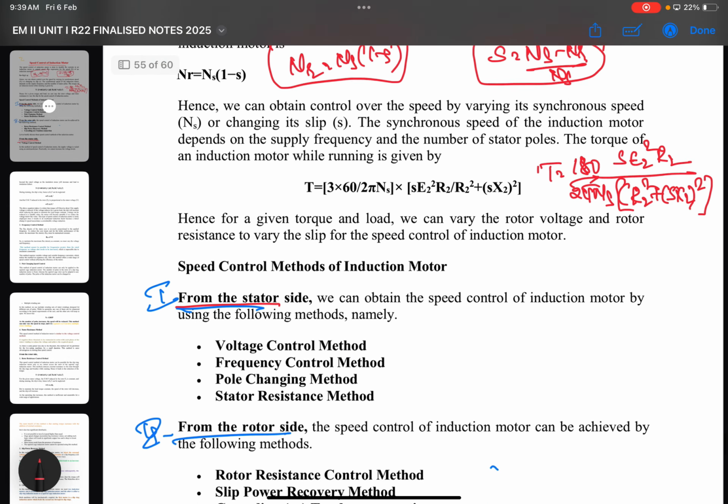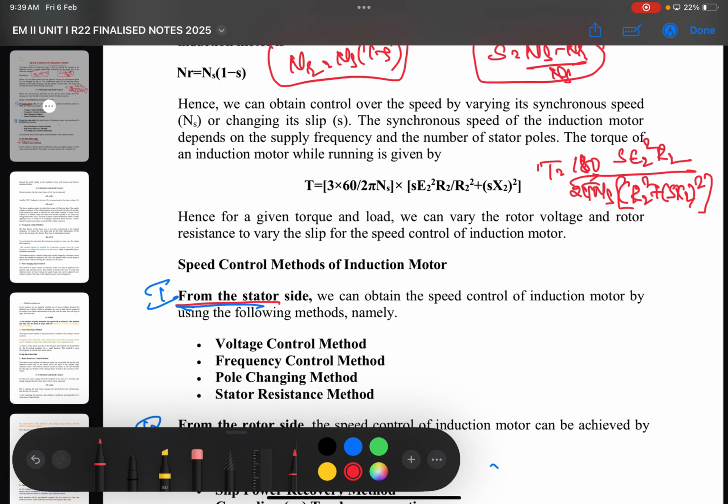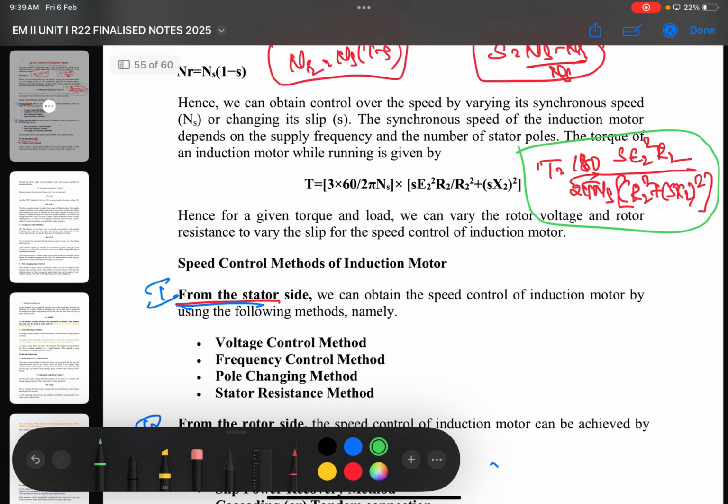We have the torque formula here, which we already wrote: torque equals 180 by 2 pi ns into s e2 square into r2 by (r2 square plus (s x2) whole square). And we have one more formula: output power P equals omega T, where omega is the angular velocity. If I rewrite it, that equals 2 pi n by 60 into T. So can I calculate the n term?